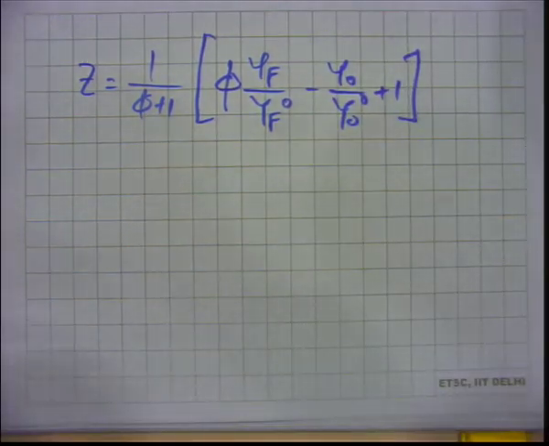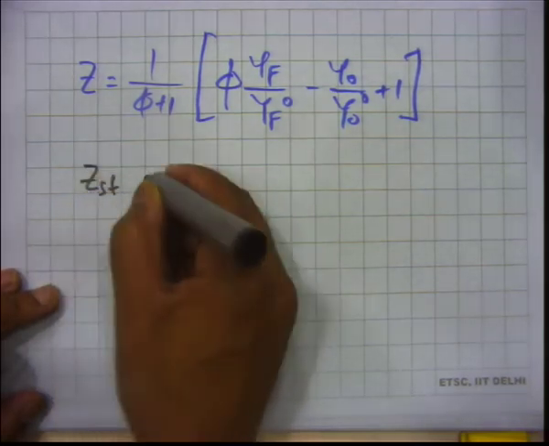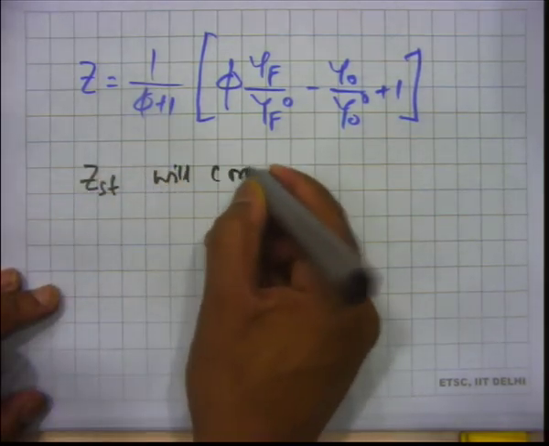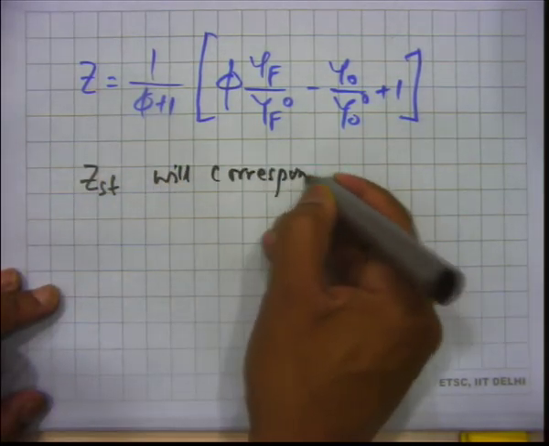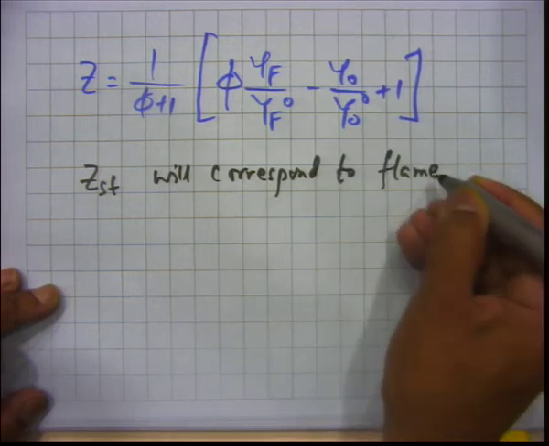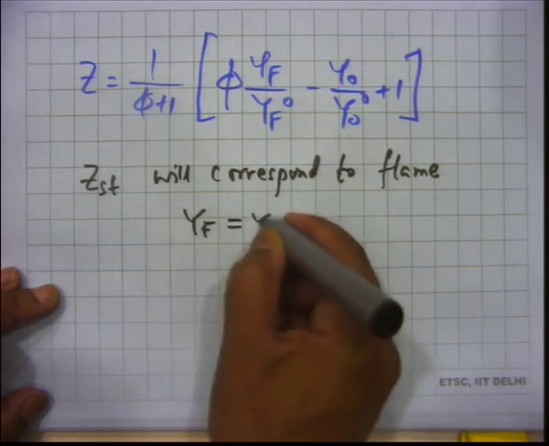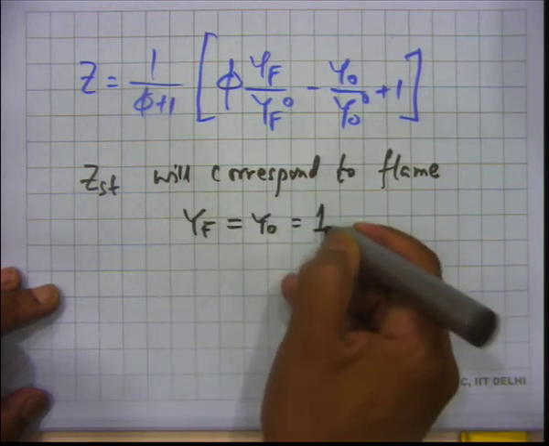So, what is the stoichiometric value? Stoichiometric value will be phi equal to 1. So, ZST will correspond to the flame, and at the flame we say that YF is equal to YO is equal to 1.